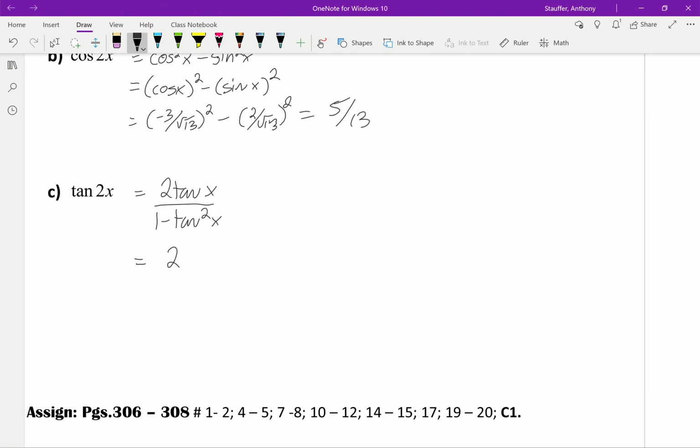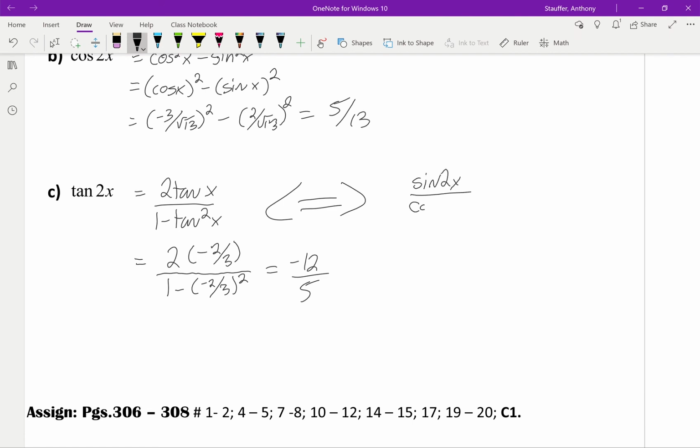It's going to give me 2 multiplied by negative 2 over 3 all over 1 minus negative 2 over 3 squared, which will end up getting me to negative 12 over 5. Now, subsequently, I could have treated this as sine 2x all over cos 2x, but I just decided to not go that route.